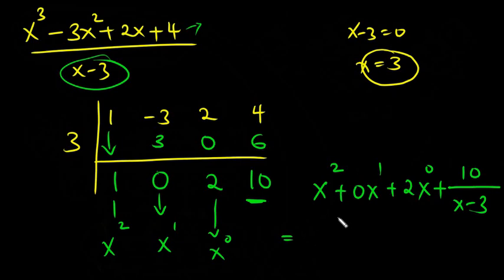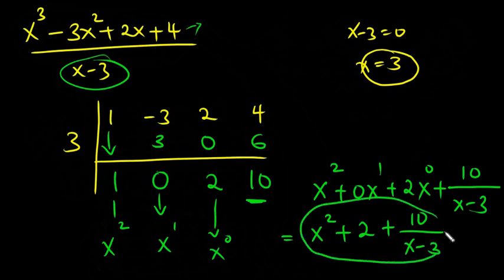Our final answer is going to be x squared, 0x to the power 1 you can just leave out because it will be 0, and then plus 2x to the power 0. We said x to the power 0 is 1, so it's just plus 2, and then plus our remainder, which is 10 over x minus 3, and that is our answer.